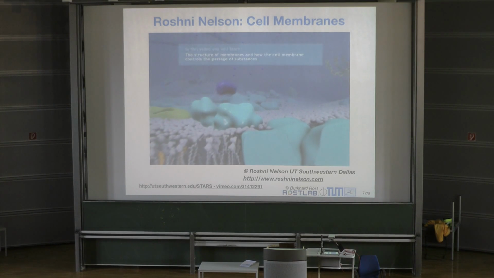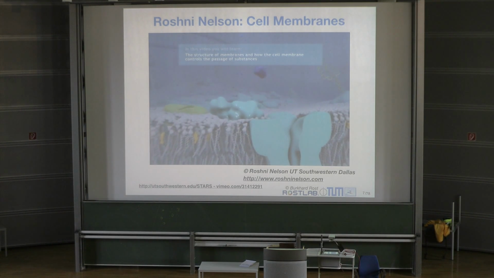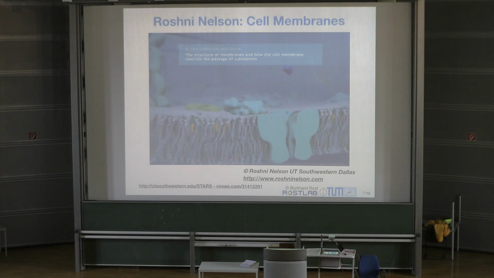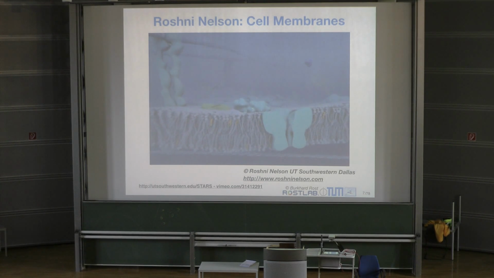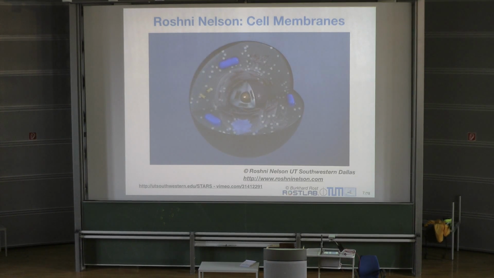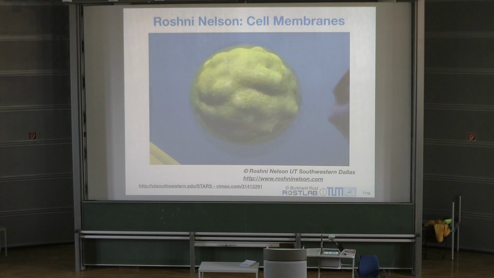In this video, you will learn about the structure of membranes, how the outermost membrane of the eukaryotic cell, the cell membrane or plasma membrane, controls the passage of substances. However, the same general principles of membrane traffic also apply to the many varieties of internal membranes that partition the eukaryotic cell. Membranes are found around the entire cell: the mitochondria, lysosome, nucleus, and many other organelles.